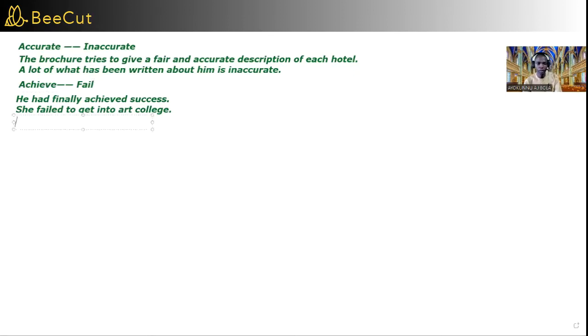So the next is going to be for Ejiro. Ejiro, I'll give you a word. You are going to give me the opposite. So, give me the opposite of the word admire. Yes, I'm waiting for you, Ejiro. The opposite of the word admire.